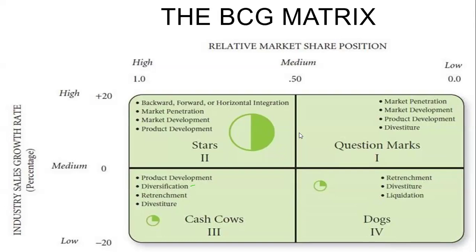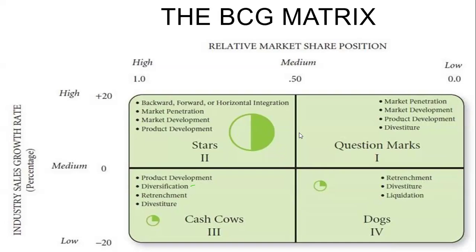So stars command high market growth rate potential and high relative market share, because the relative market share position here is also up here, which means high. And that will mean that whenever the firm invests in that particular division, product, or service delivery, the entity will still grow.